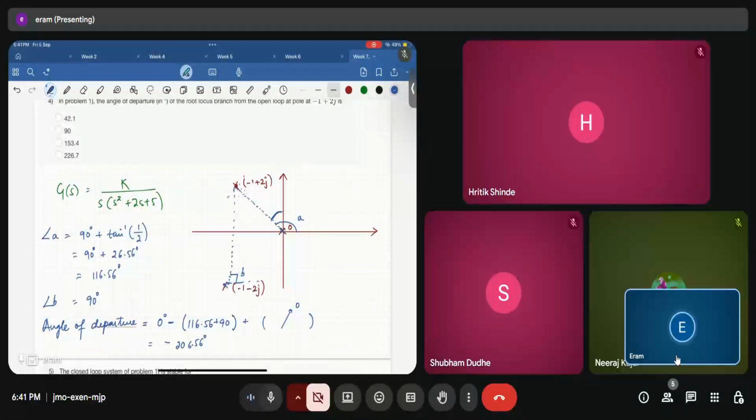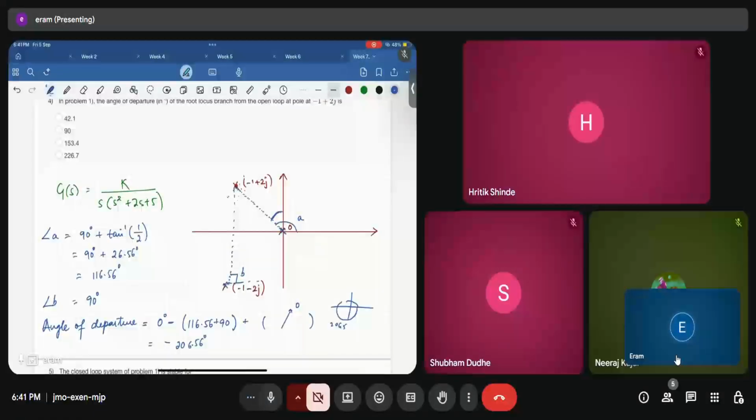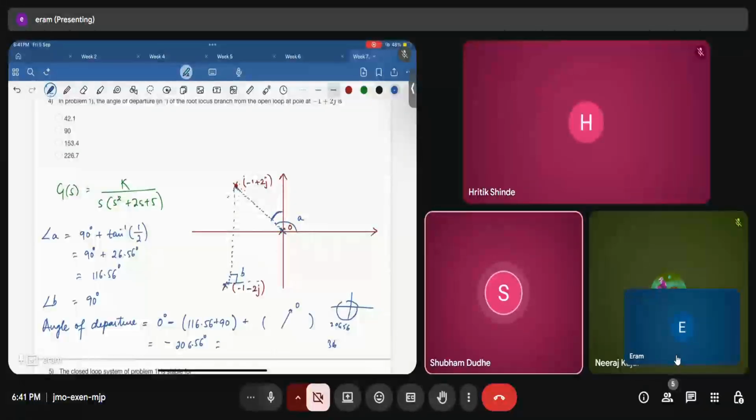Yes, but we don't have any option in negative. What will be the answer then? The angle is 360 minus 206.56. If we subtract it from 360, how much do we get? 153.4.